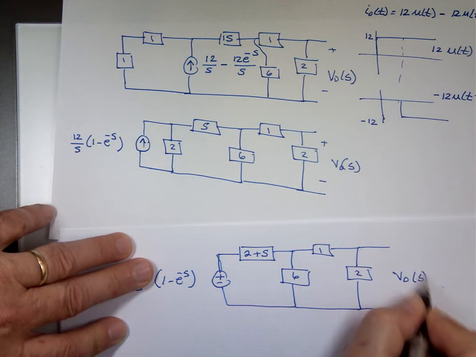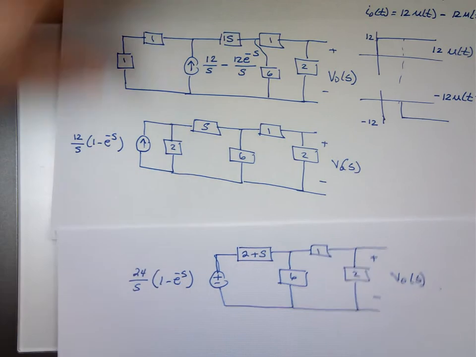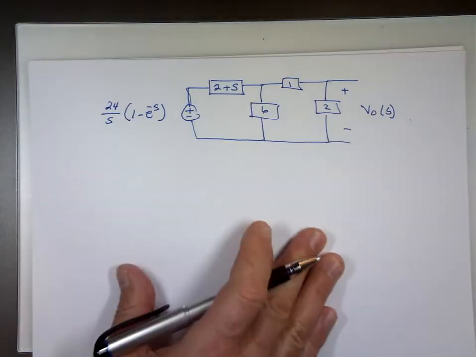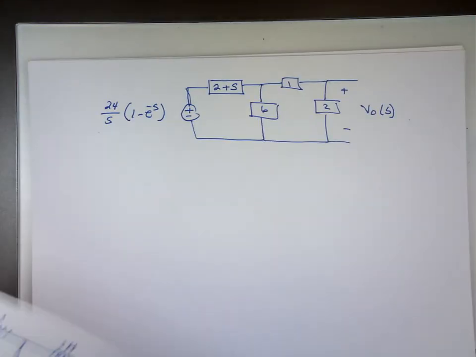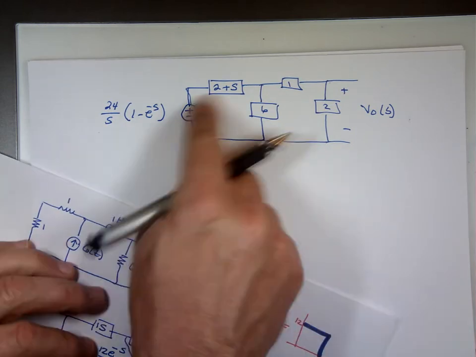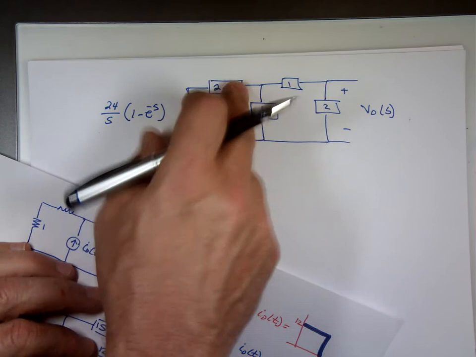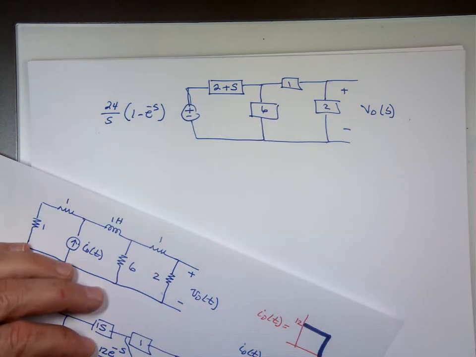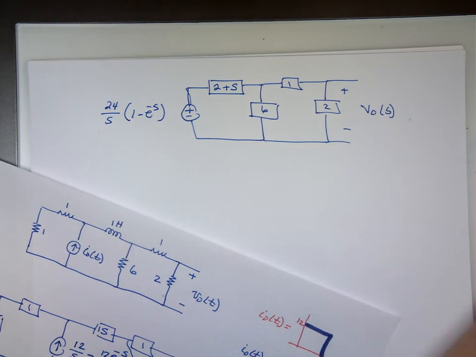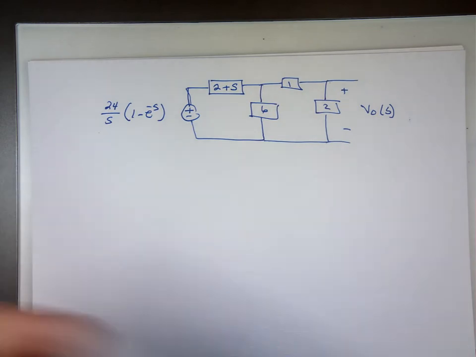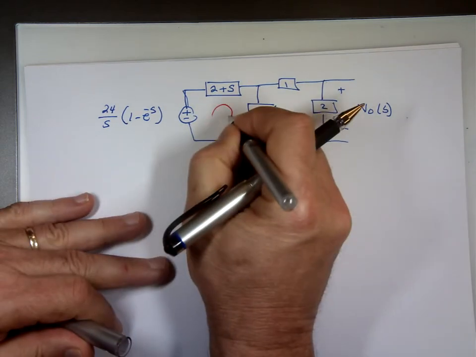Are we trying to find V sub O? V sub out, yes. So we would just do mesh. You can do 2 equations by 2 unknowns if you want to, or you can do source transformation one more time there, and combine this with that, the product over the sum. So if you want to do mesh there, I have no problem with mesh. My calculator can solve the mesh. You want to assign currents? I think it'd be easier to do another one.